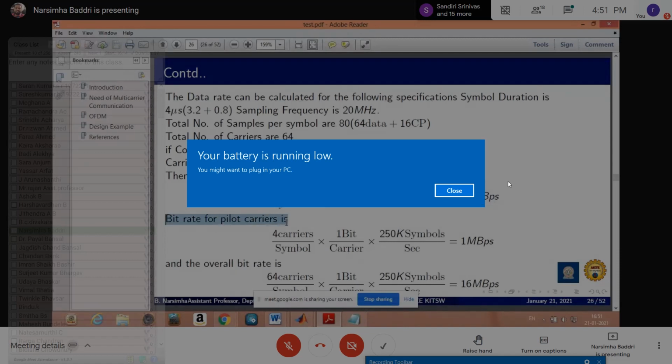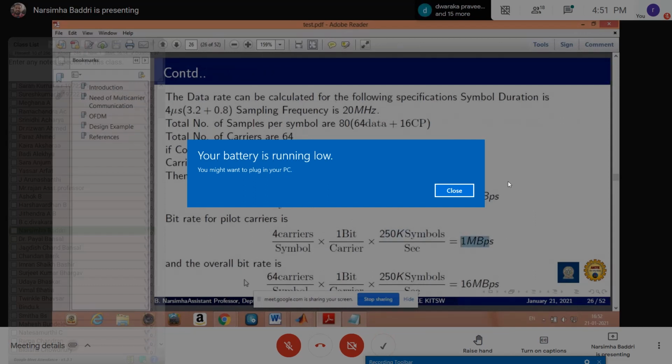And the bit rate for the pilot carriers alone: 4 carriers per symbol, 1 bit per carrier, 250 kilo symbols per second.